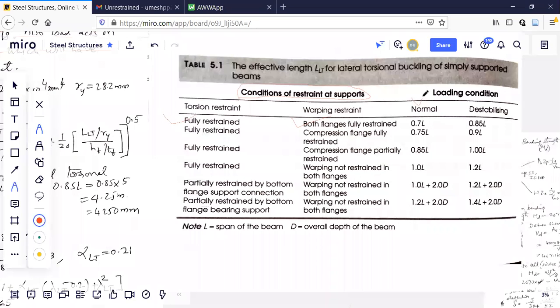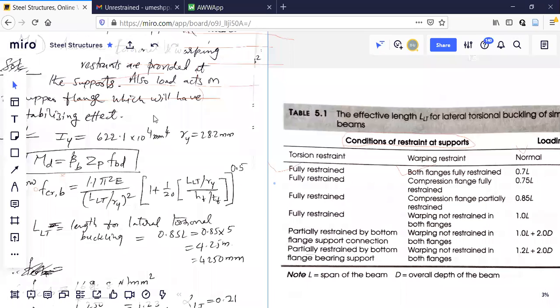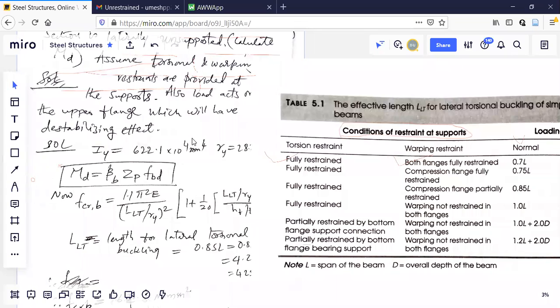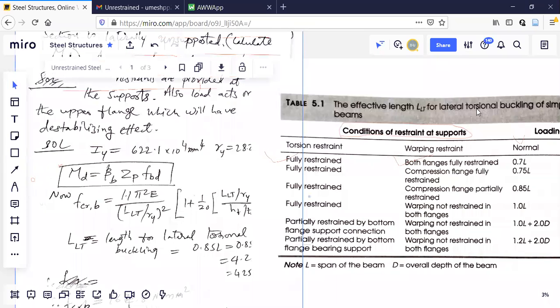Normal is there. If normal is not given, they say it is destabilizing effect. So I'm going to use 0.85 L from this table now, considering whatever boundary conditions they have mentioned in the question paper or in the problem. See this, again I'll take you back there. Load acts on the upper flange, which will have destabilizing effect.